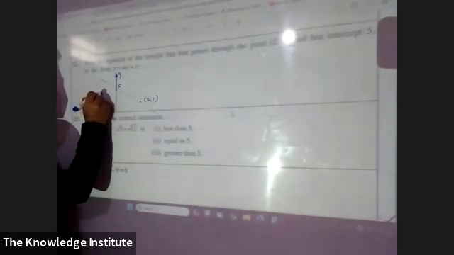By the way, in order to answer this question it's not necessary to draw this. I'm just drawing this for the purpose. So you are going to find the equation of this straight line in the form y equals mx plus c.